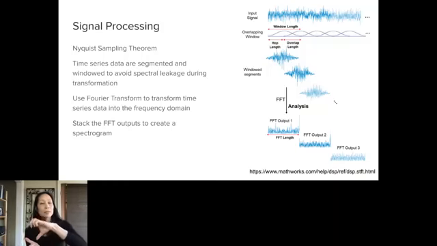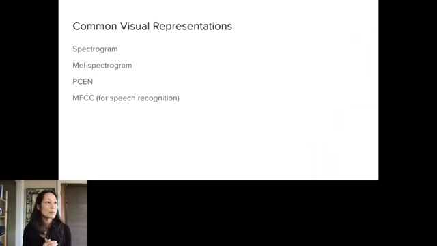Now, if you rotate it and stack them all together, then you get the spectrogram, which is the frequency by time plot. So what are spectrograms? A spectrogram is one of the very common visual representations for turning sound data into a form that we humans can see. There are also three other representations: the mel spec, the PCEN, and the MFCC, which are mostly for speech recognition, human voices.